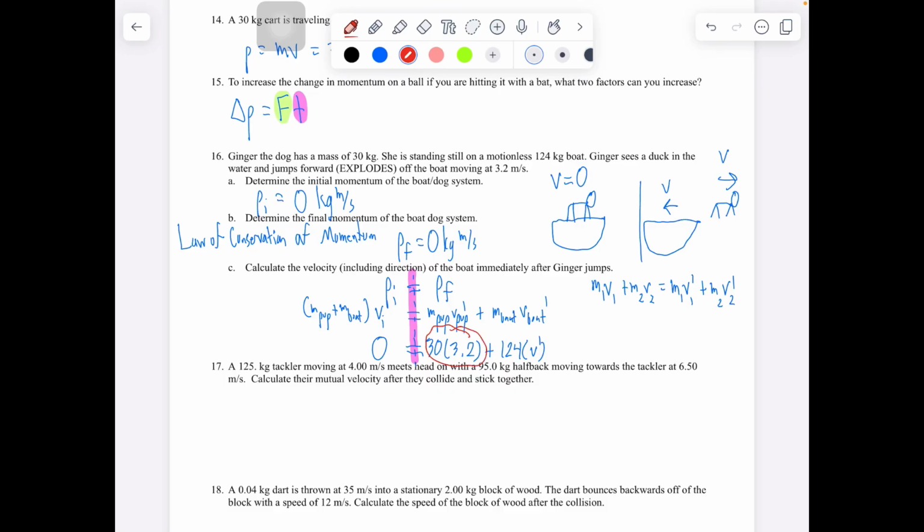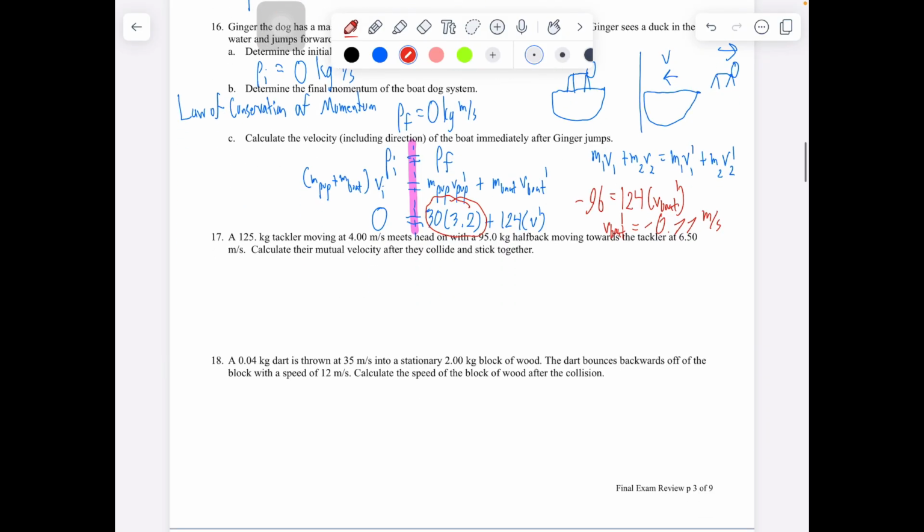Move it over, subtract it from both sides. We get negative 96 is equal to 124 times the velocity of that boat prime after the collision. Divide both sides by 124, and we find our velocity of the boat after the collision is negative 0.77. Does this negative answer make sense? Well, the dog jumped forward, the boat must go backwards. Yes, that makes sense. Let's continue rolling.